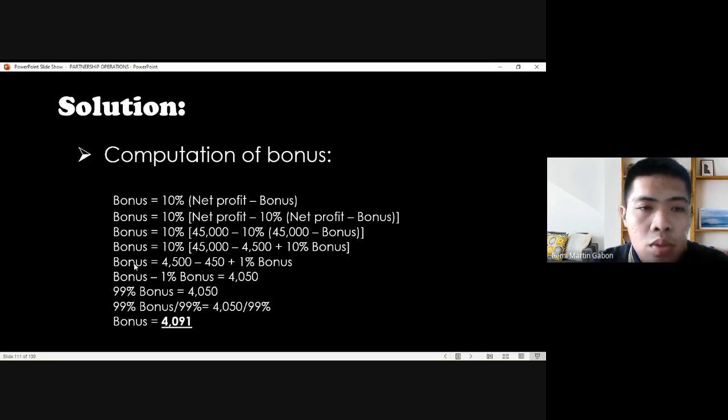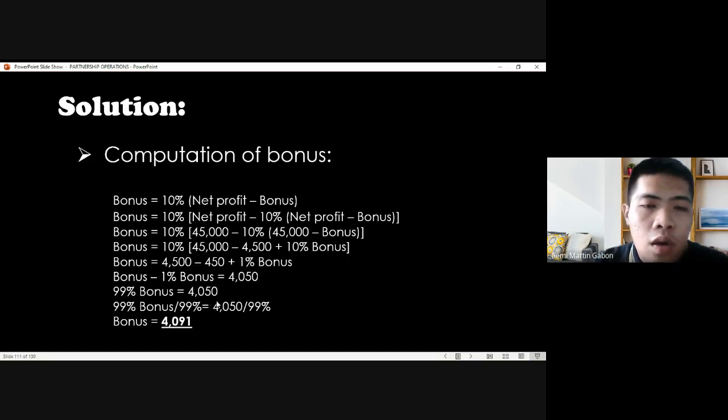So bonus minus, this bonus here will be considered as 100% bonus. So minus 1% bonus will become 99% bonus. So equal to 4,050. Then eliminate 99%.